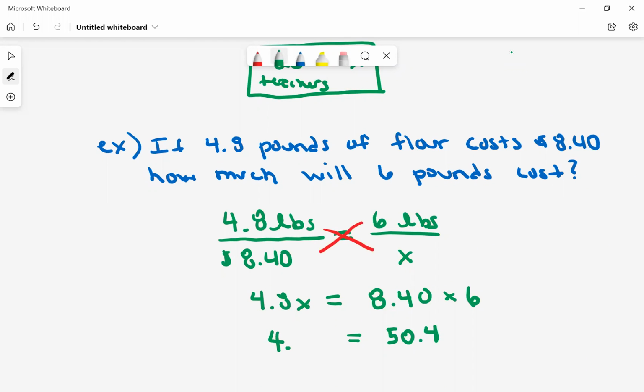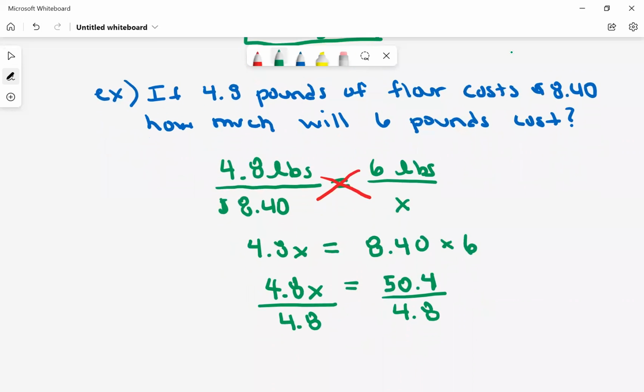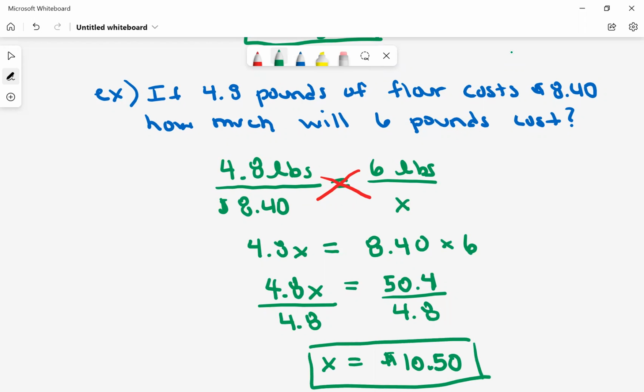And then I'll be able to solve this little equation by dividing both sides by 4.8. And that gives me 10.5, which in dollars would be $10.50. That's how I'd want to write that. And there you go. So these ratios and rates are useful when we're able to actually solve things.